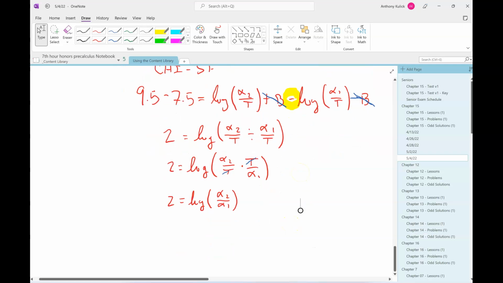Okay, now what? What do I want to get rid of next? It's really only one choice, right? Gotta get rid of that log. How do I cancel out log?